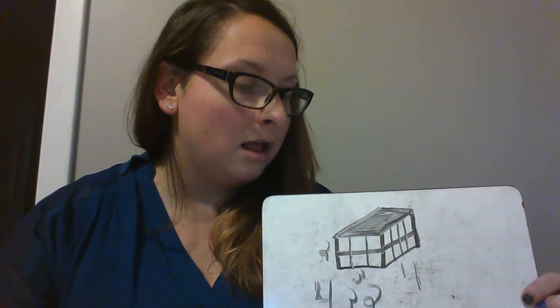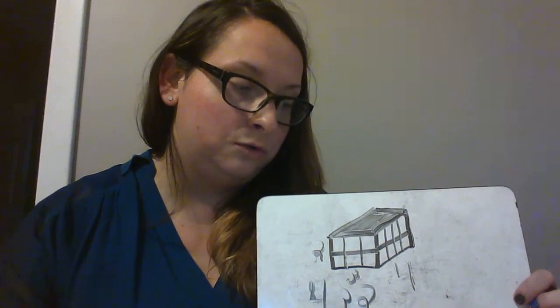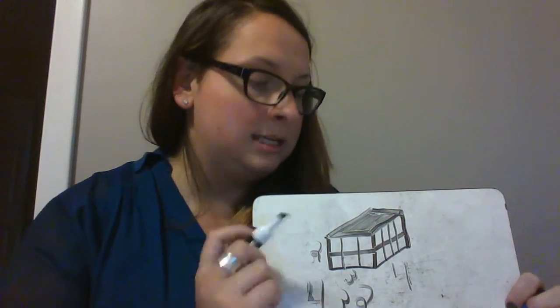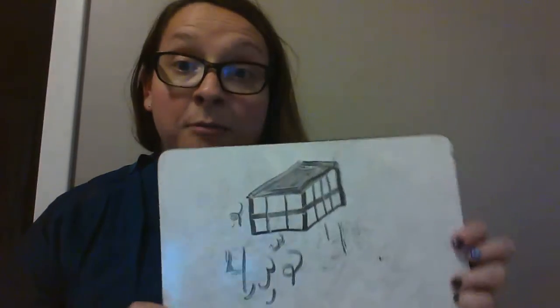Now, if we wanted to describe the dimensions of this prism, we would use these numbers to represent the dimensions, but we would write them in a specific way. And let me show you how we would write them.